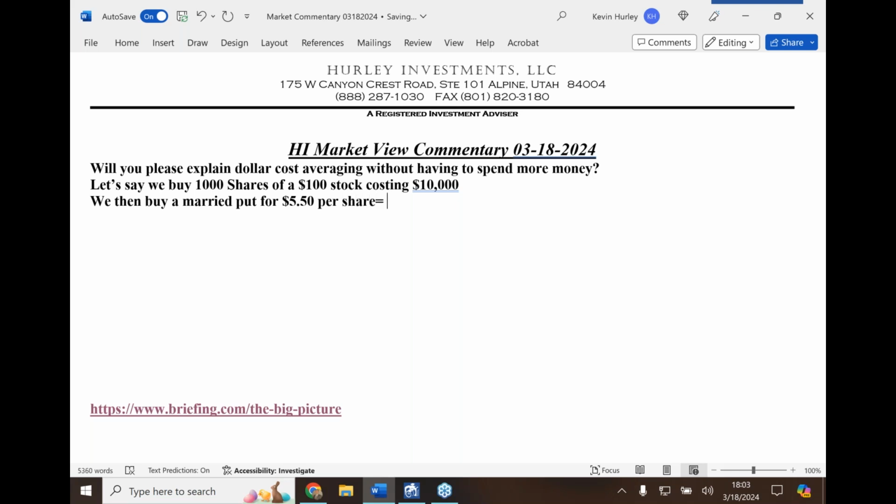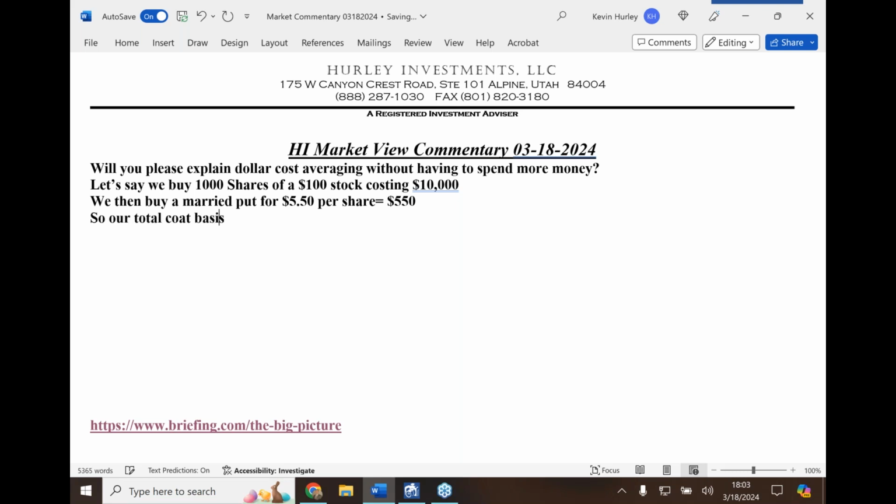And 10 contracts at $5.50 would be roughly $550. We're going to buy a put at the $100 strike price, which just means we have the right to sell a stock at $100.